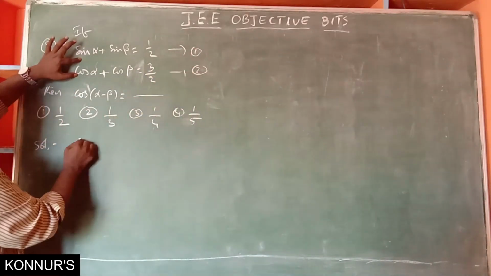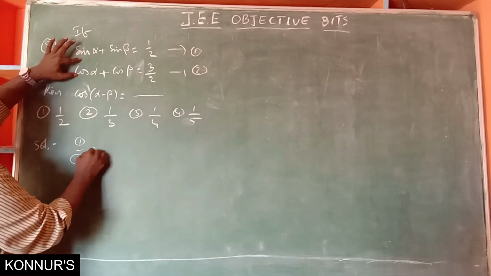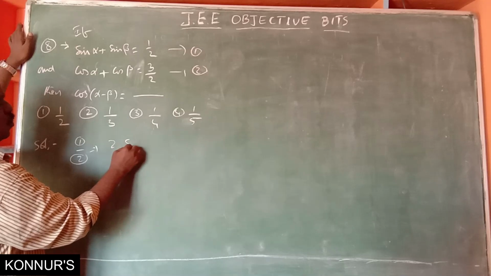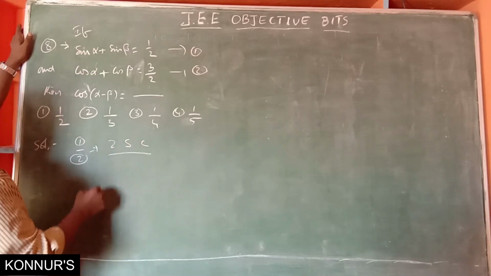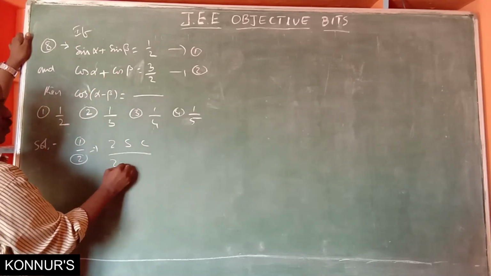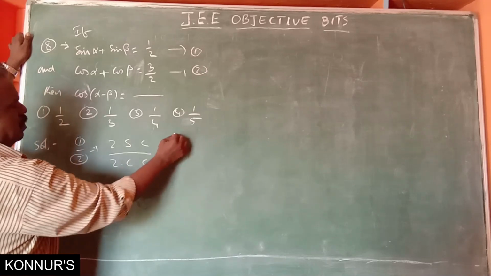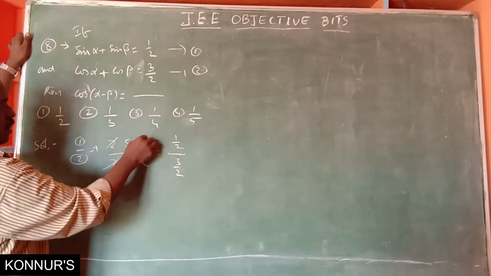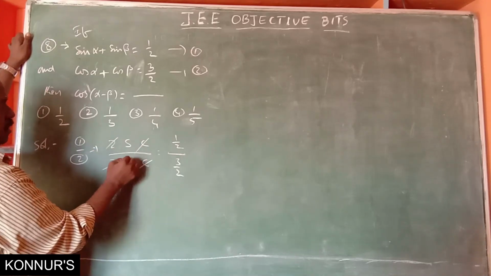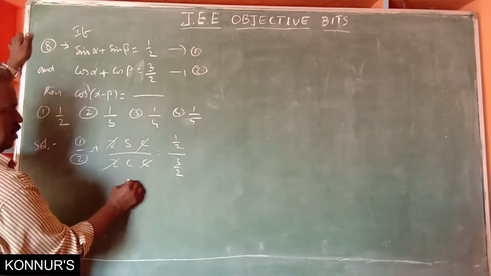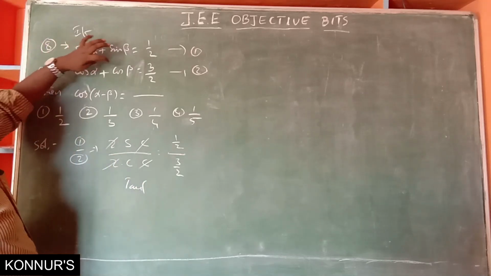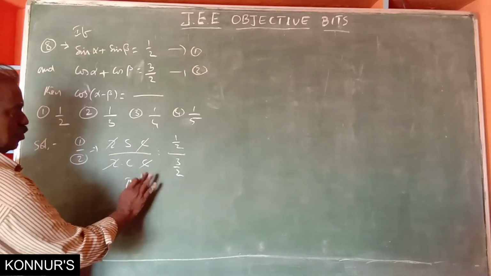You see, 1 by 2 means sin C plus sin D, which is 2 sin cos, by cos C plus cos D, 2 cos cos. It is 1 by 2 by 3 by 2. The 2 cancels, the cos cancels. Sin by cos means tan of the first term, which is related to (alpha plus beta)/2. So don't confuse.